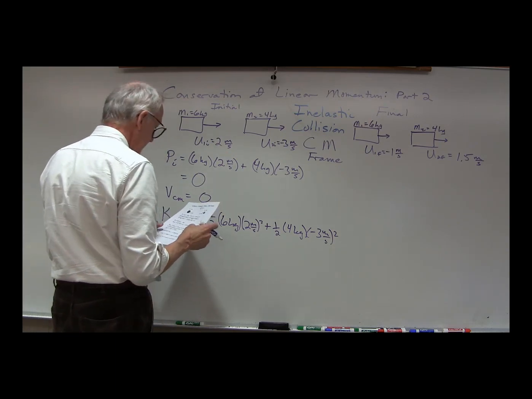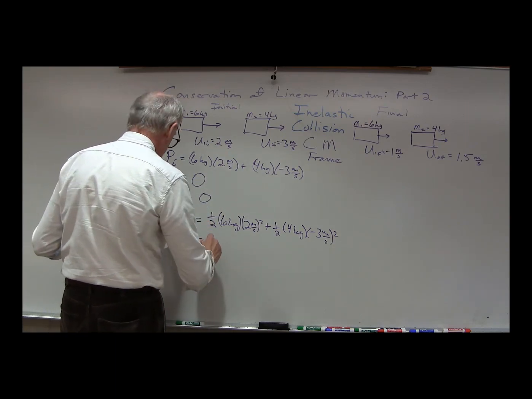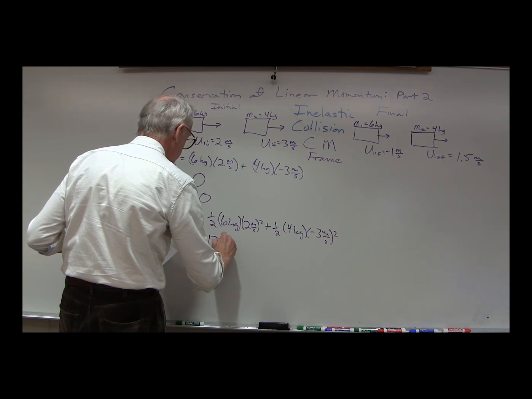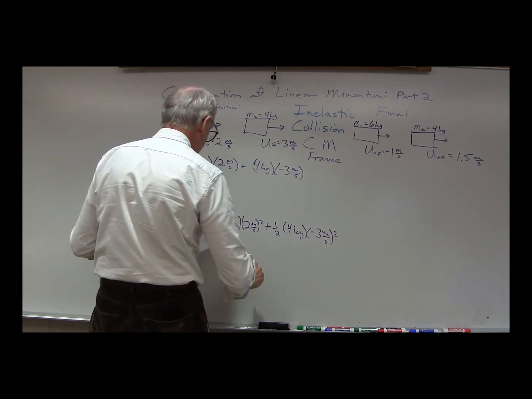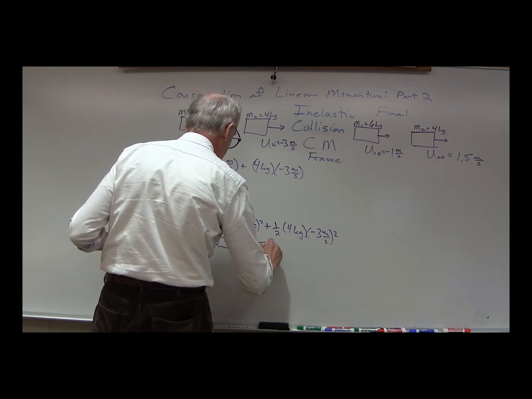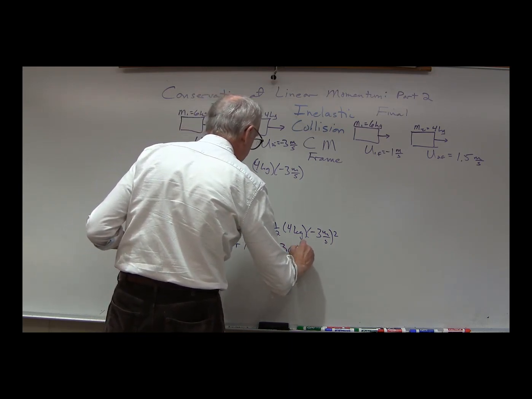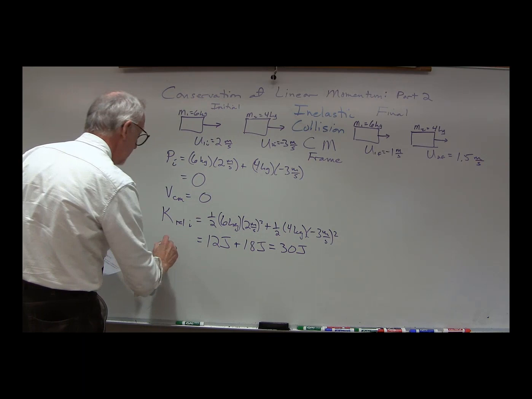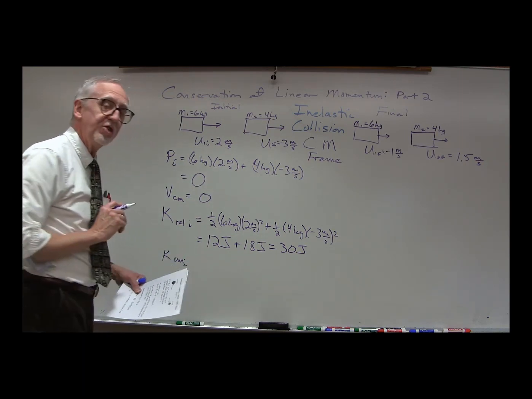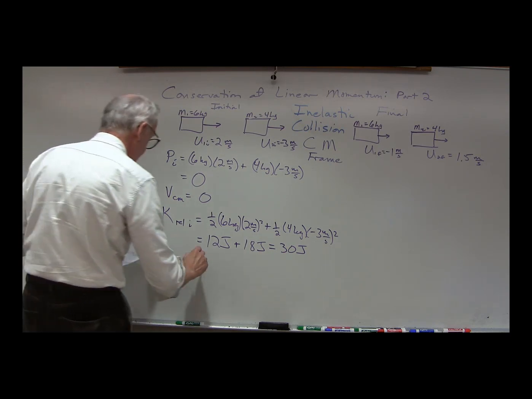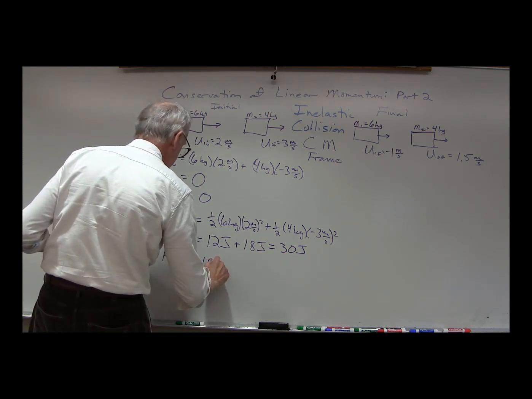1/2 times 6 times 2 squared is 12 joules. 1/2 times 4 times negative 3 squared is 18 joules. That gives 30 joules. So again, remember, the kinetic energy of the center of mass initially was 180 joules.